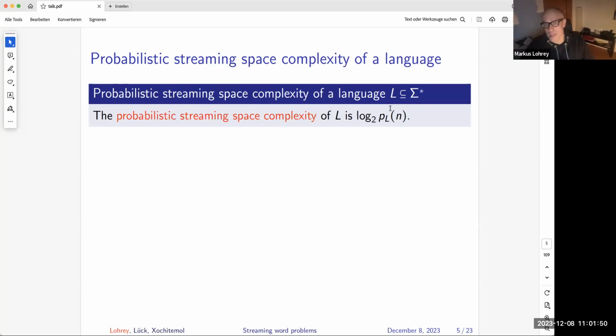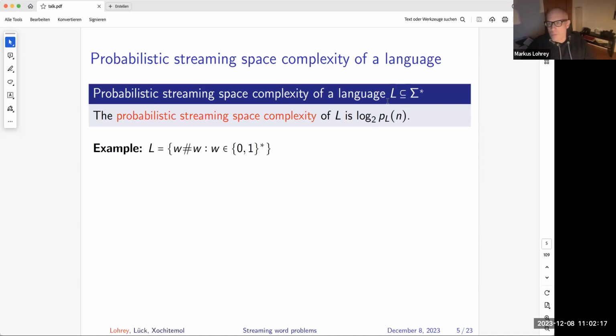You can view this as the space that you need for a randomized or probabilistic streaming algorithm to correctly accept the language L with high probability. For every input, the probability that you give a wrong answer is small. In my setting, it's at most 0.1.